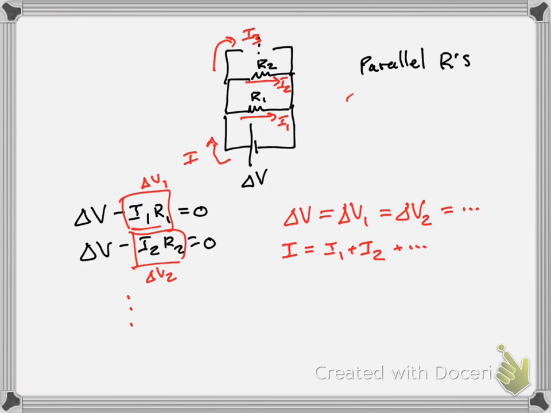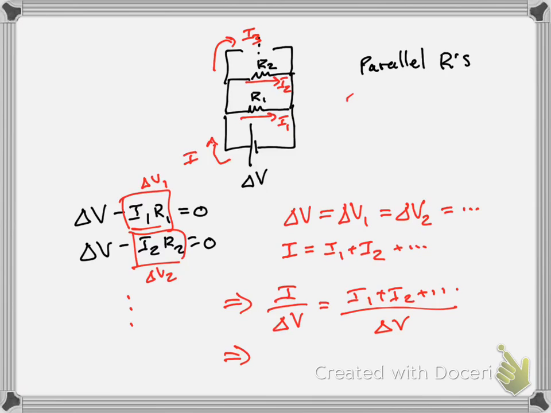Therefore, I over delta V, and that's delta V of the battery, is equal to I1 plus I2 plus dot, dot, dot, over delta V, so that therefore I over delta V is equal to I1 over delta V plus I2 over delta V plus dot, dot, dot, I3 over delta V plus I4 over delta V. So therefore, I'm going to have to go to a new page.